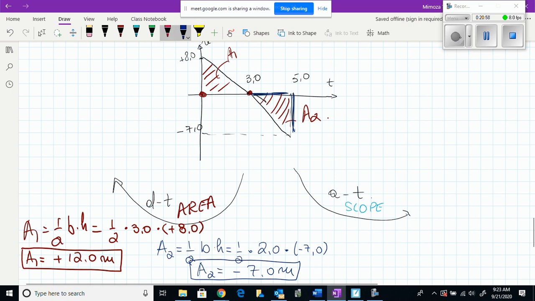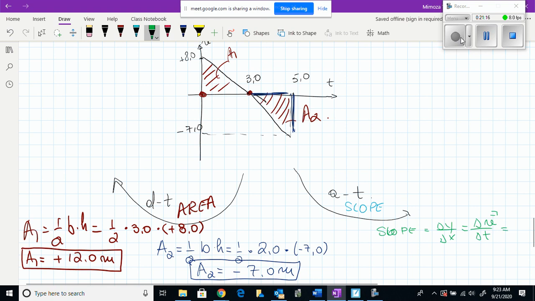And since we are here, let's calculate the slope. So the slope will be delta y over delta x. Our delta y is the velocity, over time, that is our delta x.